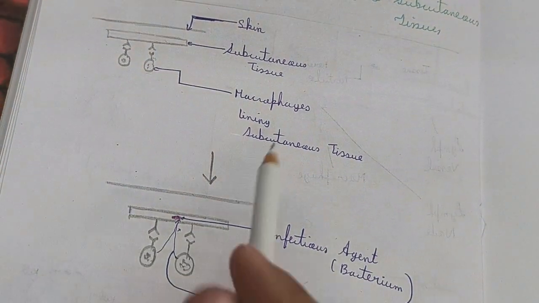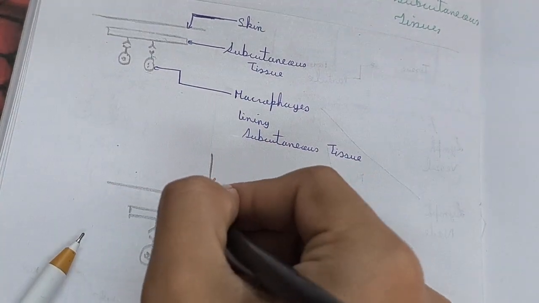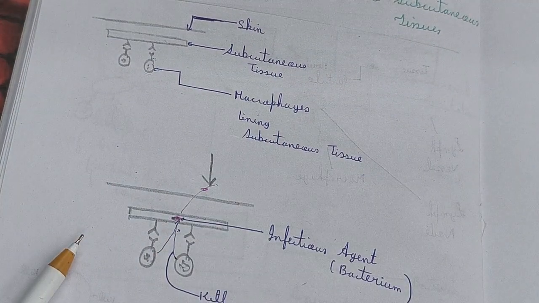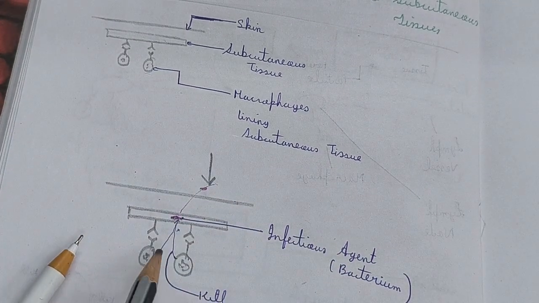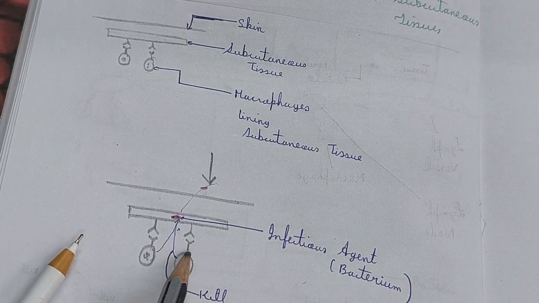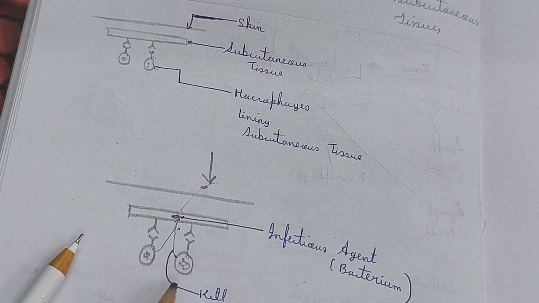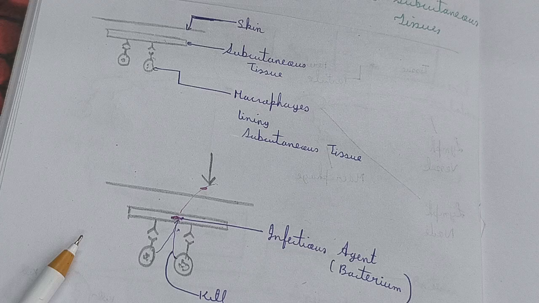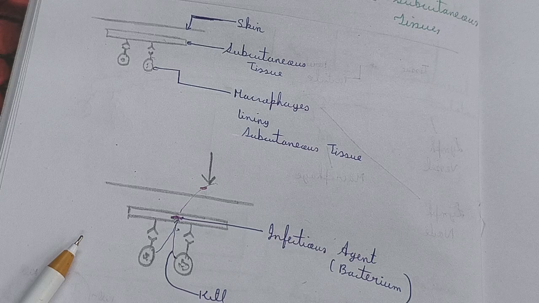If any foreign particle or infectious agent enters here, then inflammation occurs, and the macrophages kill the infectious agent. Now I am going to write this in my language, you can also write this.